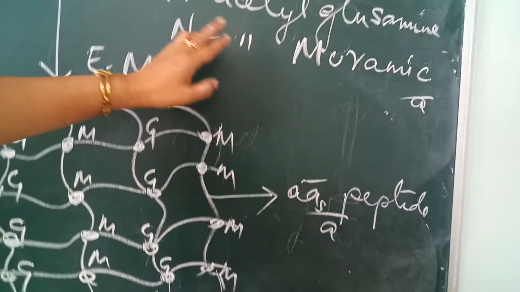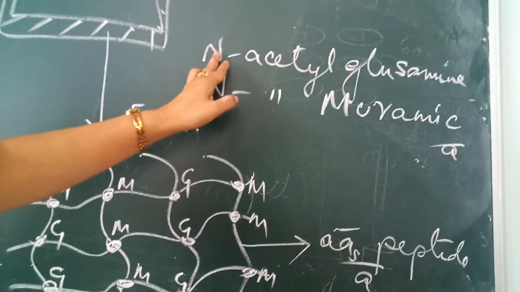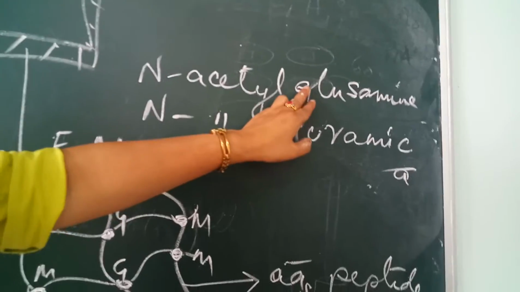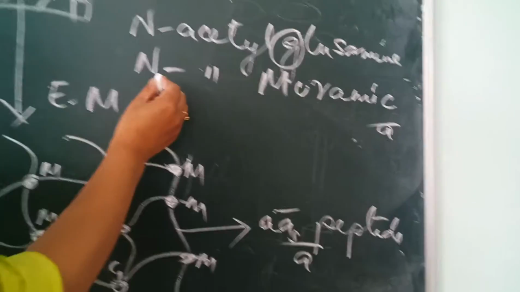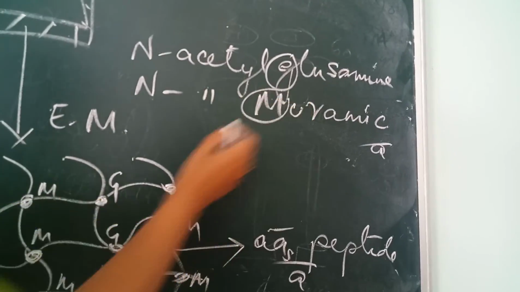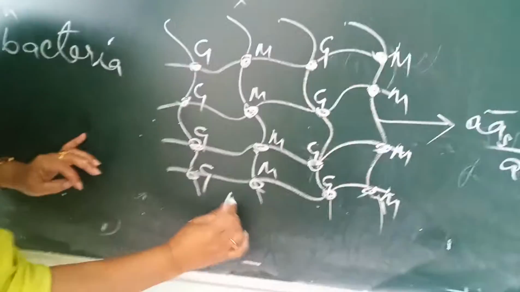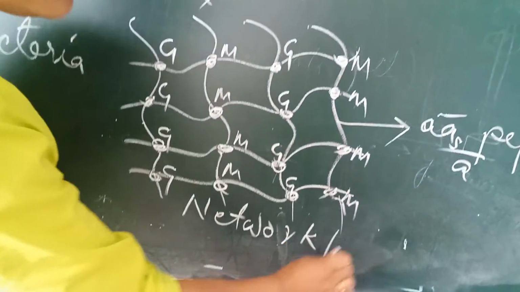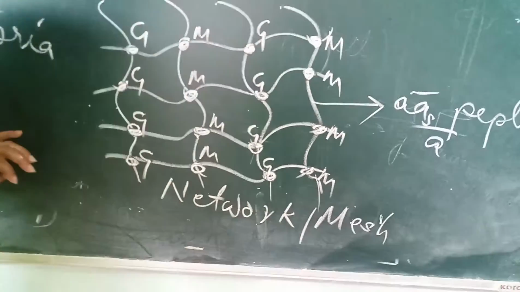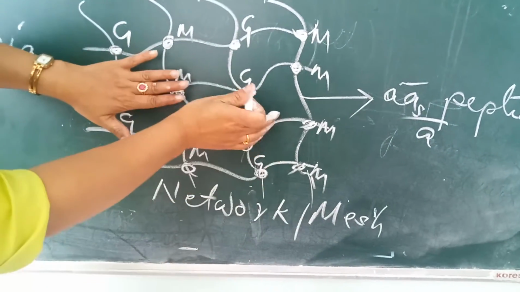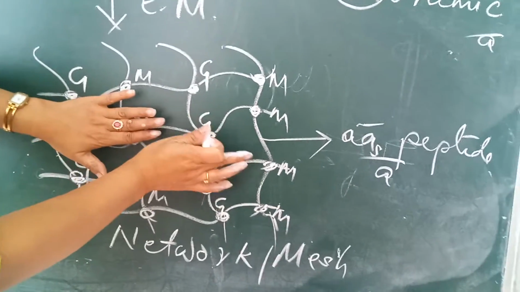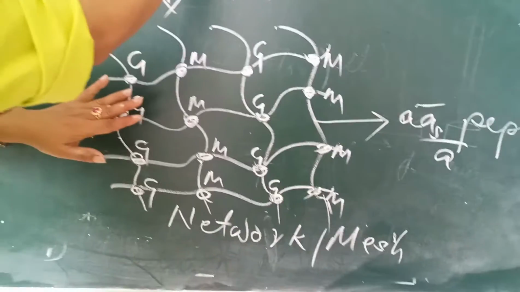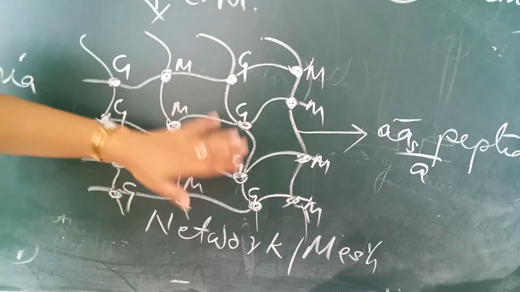So this peptidoglycan is strong because it is made up of these two polymers, N-acetyl glucosamine G and N-acetyl muramic acid M. Now these form what is known as a network or a mesh structure, just like a net. That's why this cell wall is very flexible, and it can stretch, it can bend, making this cell wall a very tough structure.